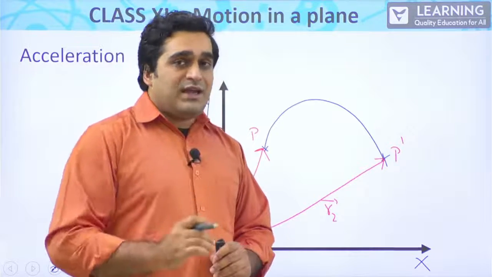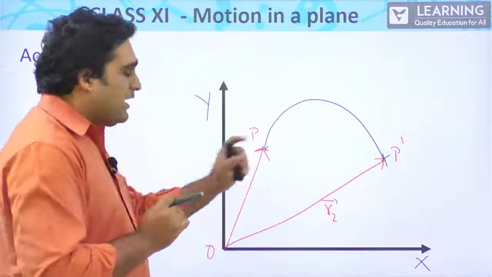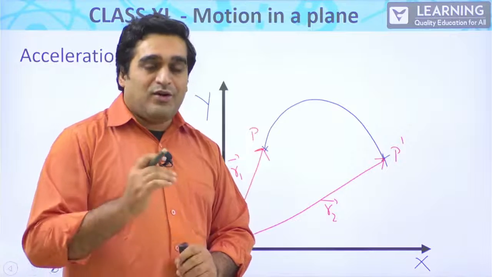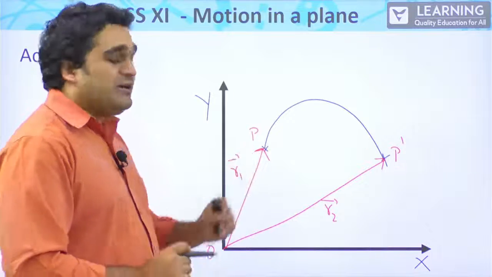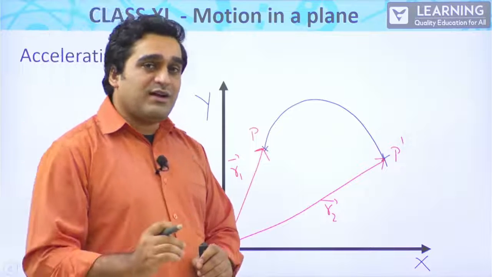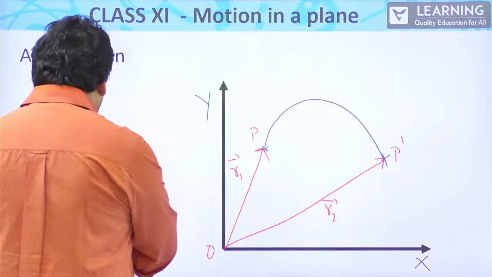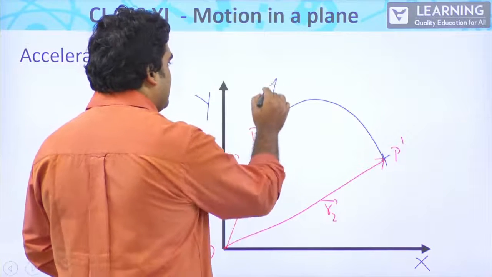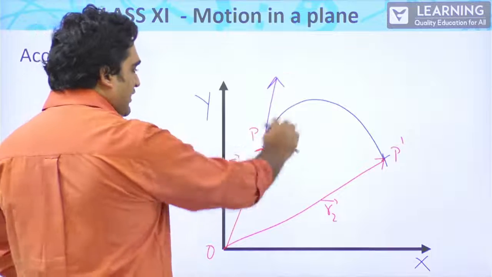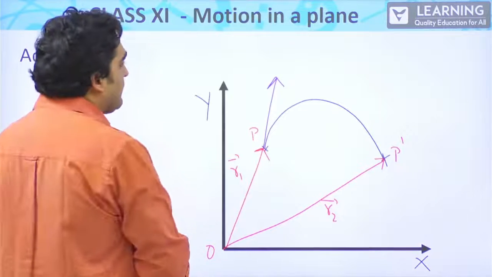The velocity at any given instant of time at point R1, or the instantaneous velocity at point R1, how do we construct it? By using a tangent. To find the instantaneous velocity, we use a tangent. So you draw a tangent to the given path from a position vector.